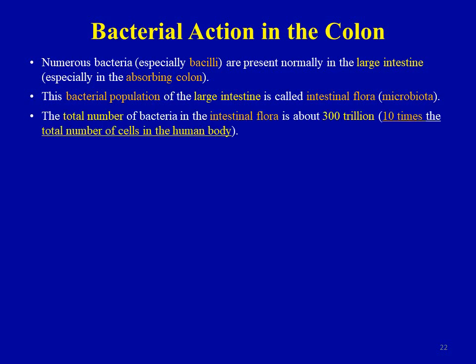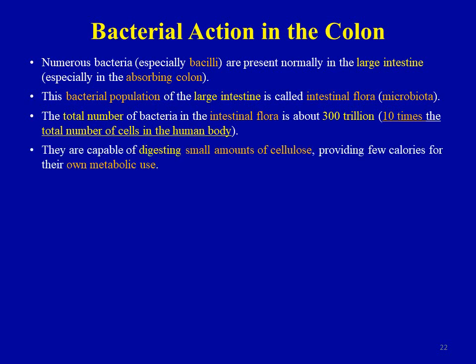The total number of bacteria in the intestinal flora is about 300 trillion, and this number is about 10 times the total number of the cells in the human body. So we have more bacteria in our large intestine than our total body cells.